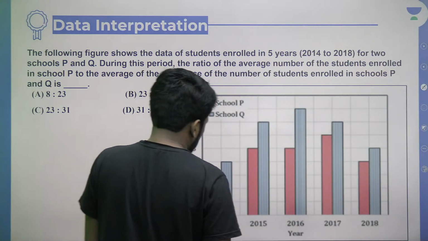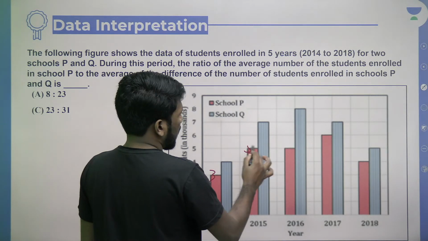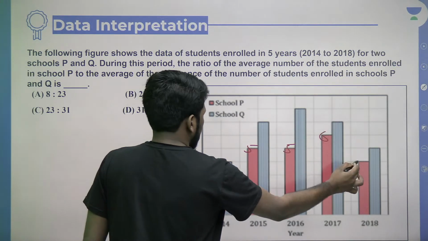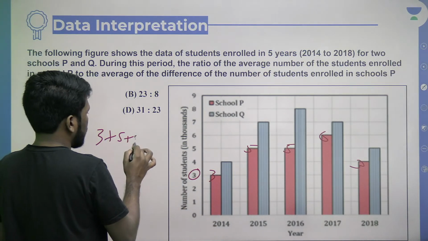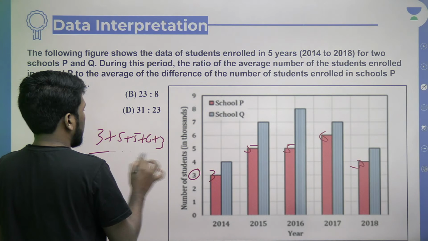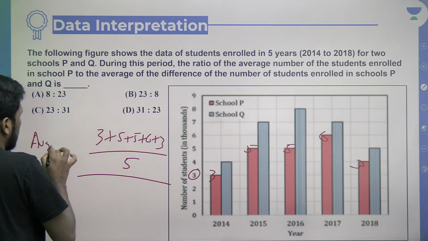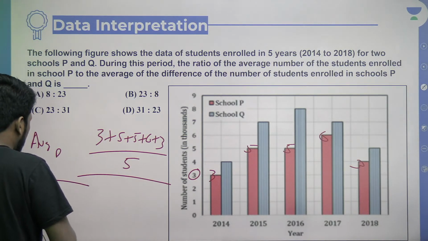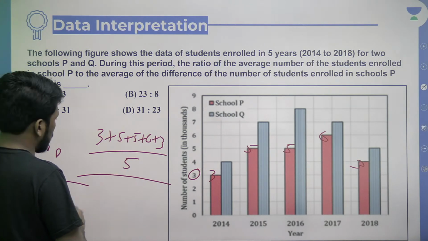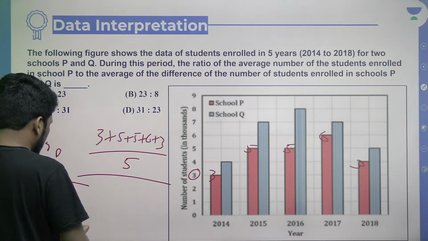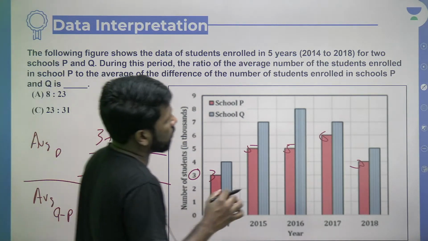Average of school P students: 3 in 2014, then 5, then 5, then 6, then 3. So the average of that will be 3 plus 5 plus 5 plus 6 plus 3 divided by 5. That is the average of P. To the average of the difference of P and Q. Q is bigger, so average of Q minus P. So the average of Q minus P will be what?